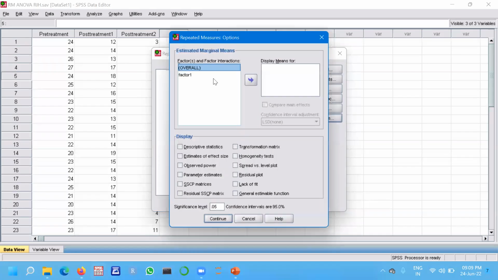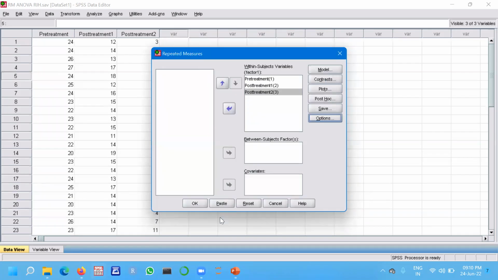Options. Give factor 1. Okay. Now compare the main effect also. Click compare the main effect, and here give Bonferroni. Okay, that is one of the post hoc tests. Nothing more here. Just give continue, then give OK.